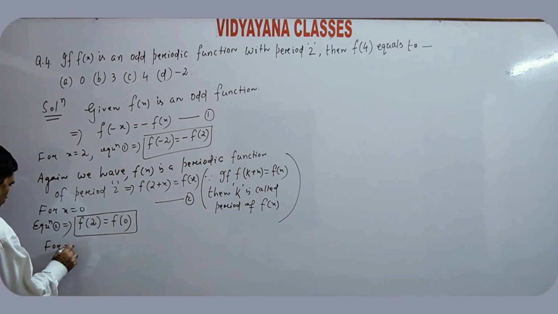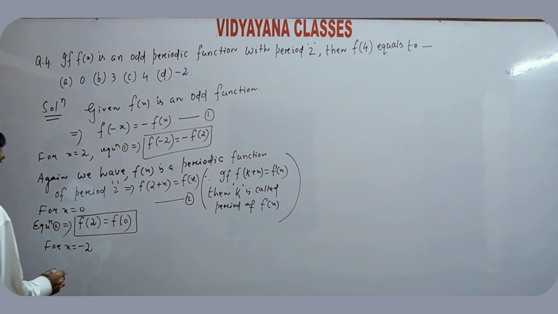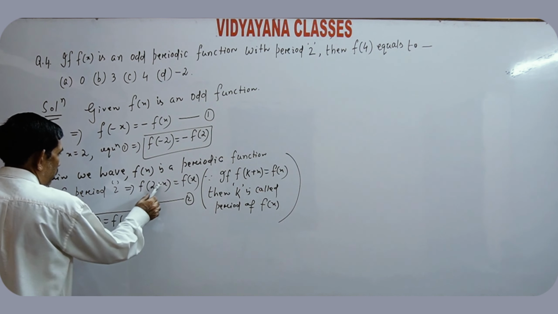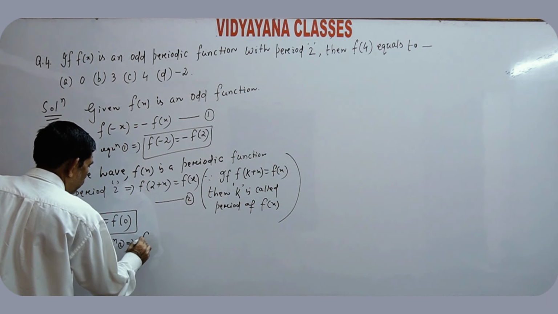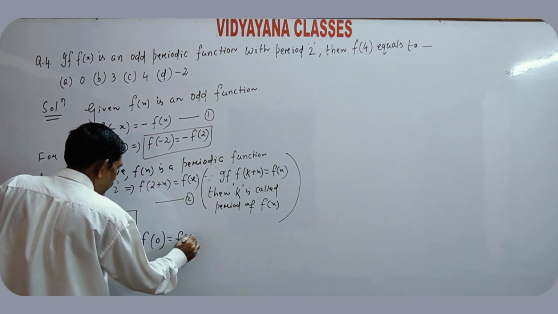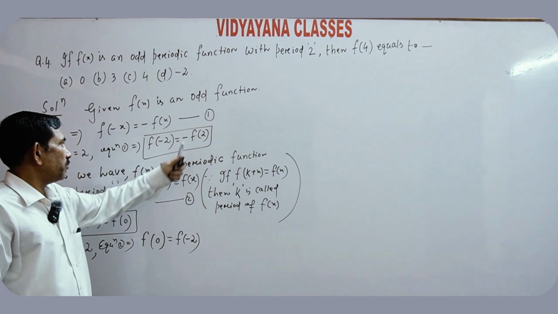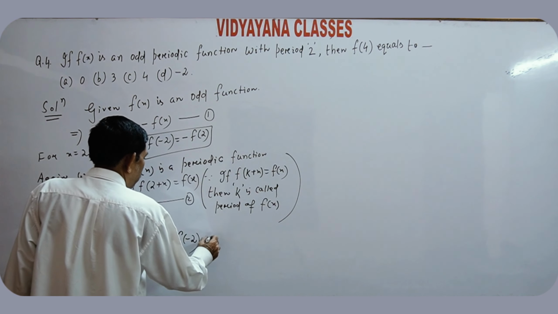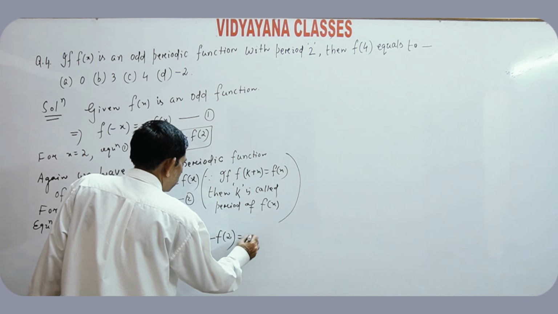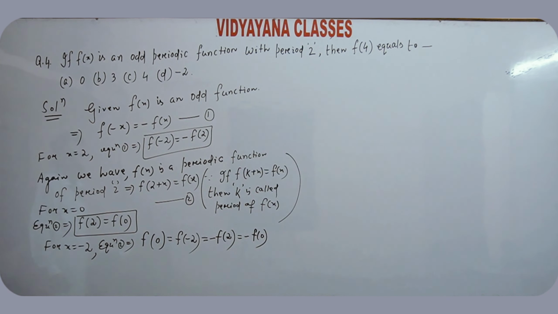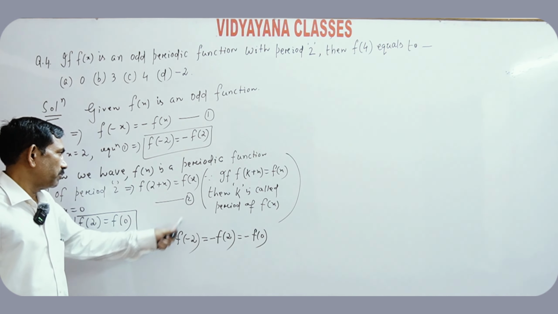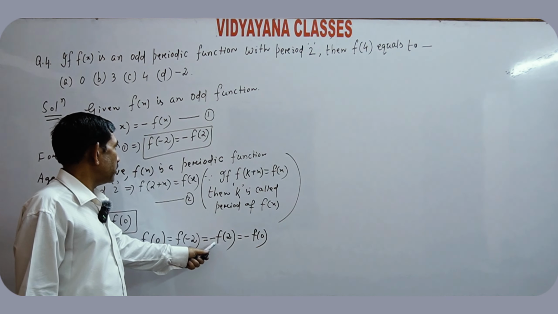For x equal to minus 2, equation 2 implies f(2 minus 2), that is f(0), is equal to f(minus 2). f(minus 2) is equal to minus f(2).